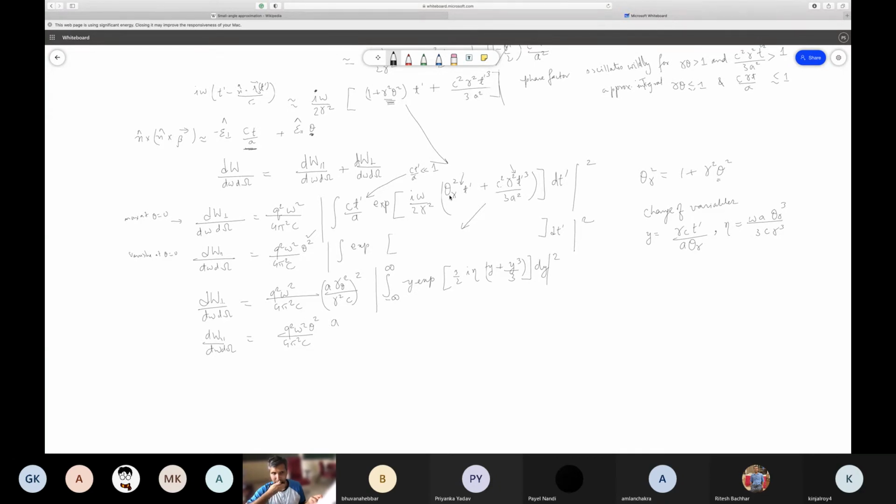This polarization has the interpretation that this is the electric field as a function of theta. This is your power as a function of theta, and it peaks at an angle of order 1 by gamma. This integral falls off beyond an angle of 1 by gamma.